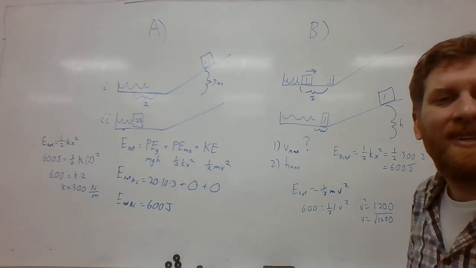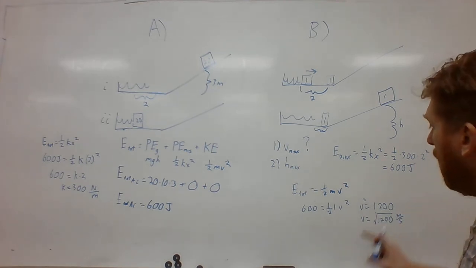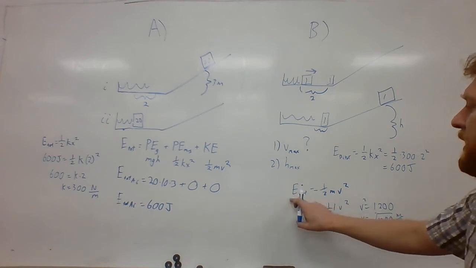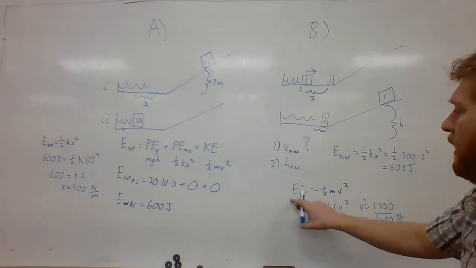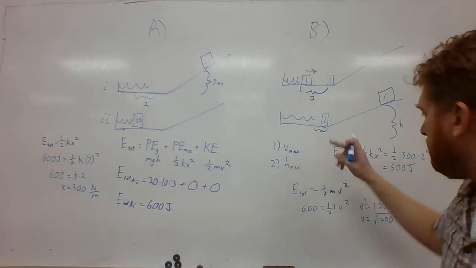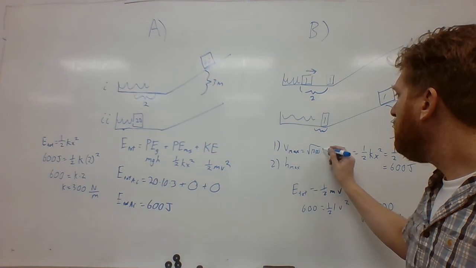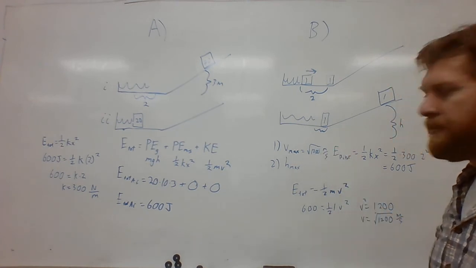I'm not even going to simplify it further. We could leave it like that, and that'll be in meters per second. Okay, we determined the velocity because we said when the velocity is a maximum, all of its total energy will be in its kinetic energy. This is square root of 1200 meters per second.